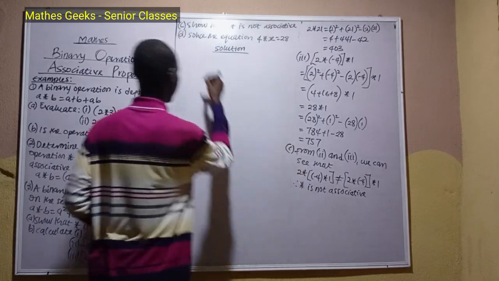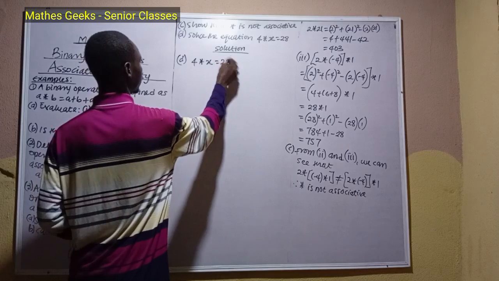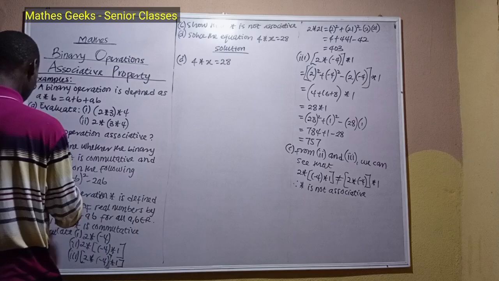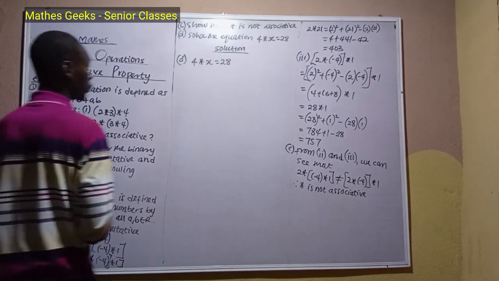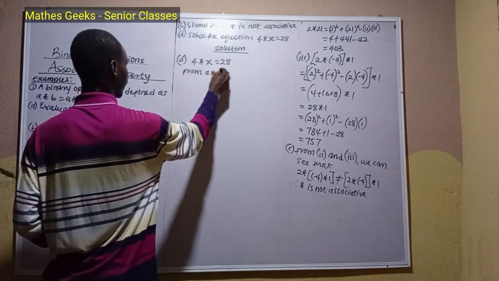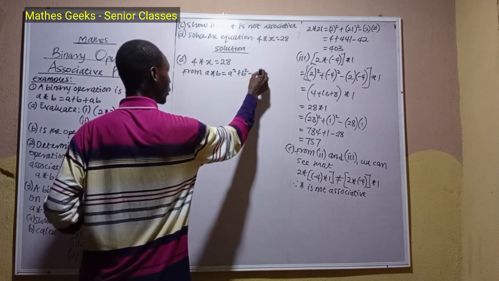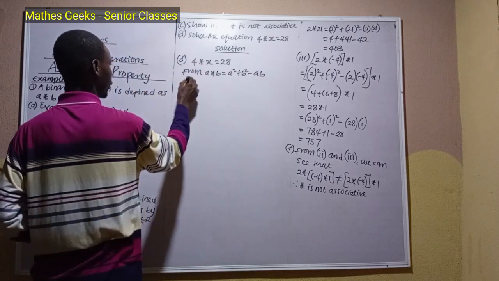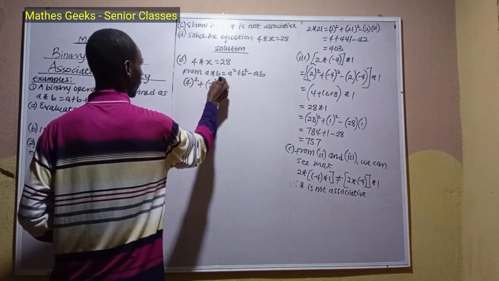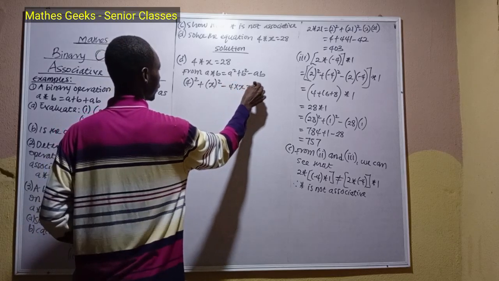This is C. Now D: solve the equation 4 star x equals 28. We are going to solve this using the binary operation a star b equals a squared plus b squared minus ab. 4 is a and x is b, so 4 squared plus x squared minus 4 times x equals 28.